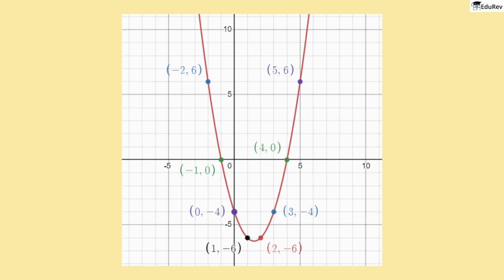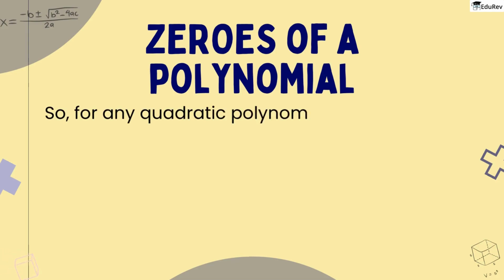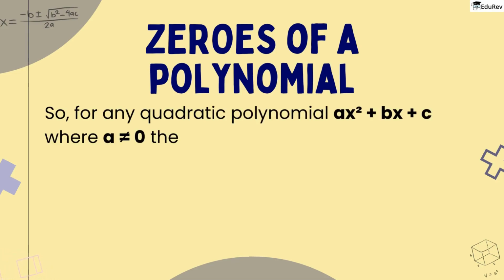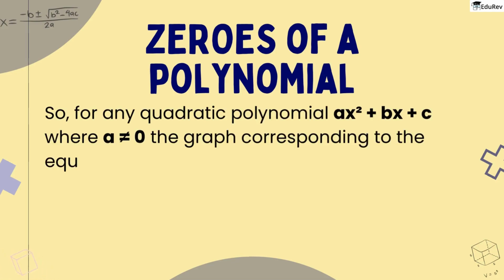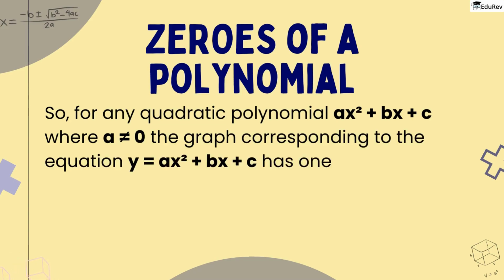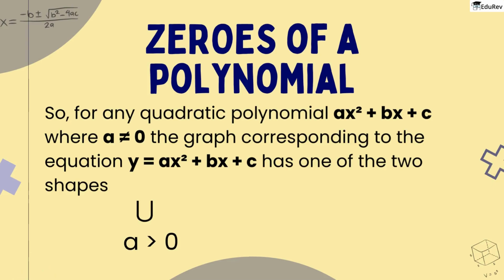a curve. So, for any quadratic polynomial ax square plus bx plus c, where a is not equal to 0, the graph corresponding to the equation has one of two shapes. It's either this or this, depending on whether a is greater than 0 or less than 0.